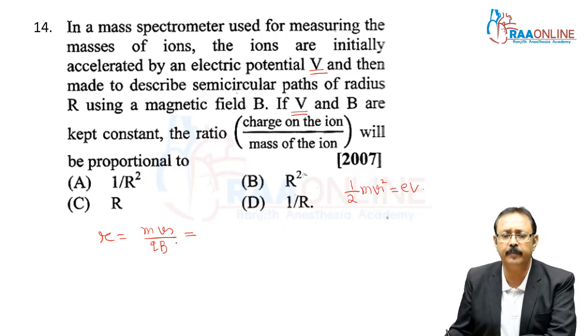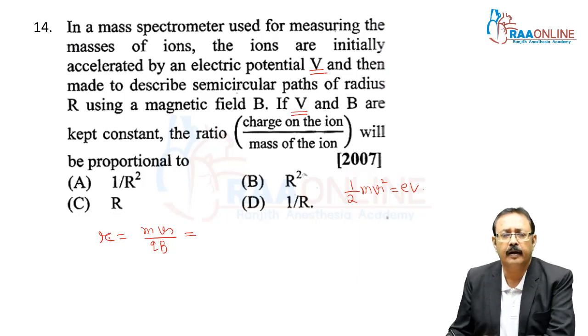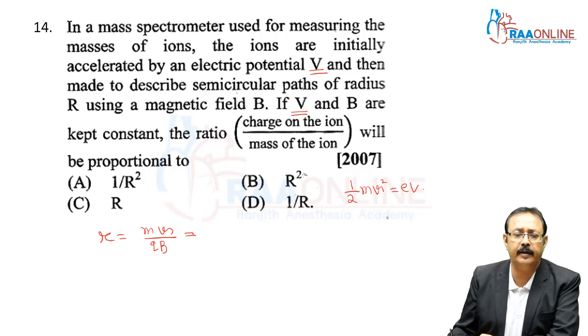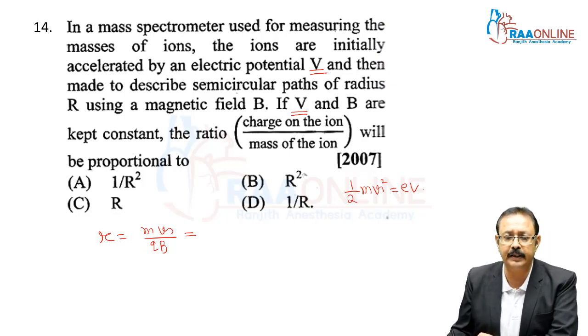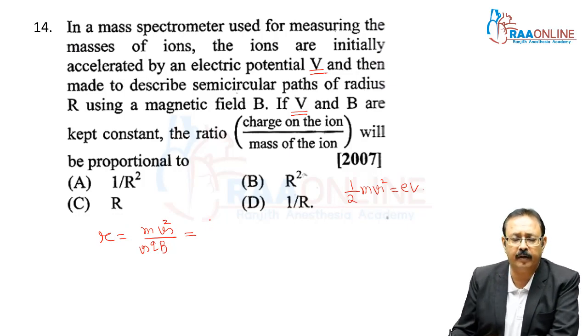We want the relation between R, V and B, which are constant, and the charge on the ion and its mass. So half mv square is the energy. Multiply and divide this by V. You will get mv square upon VQB, with the half and 2.